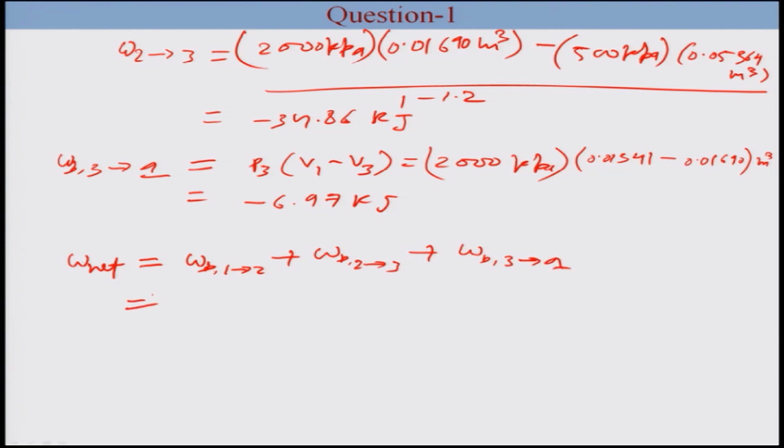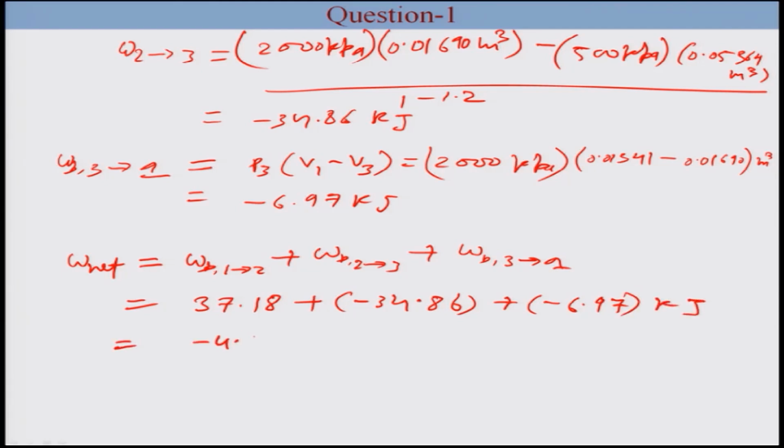So this gives 37.18 plus minus 34.86 plus minus 6.97 kilojoule, which is nothing but minus 4.65 kilojoule. So this is the total work in a complete cycle.